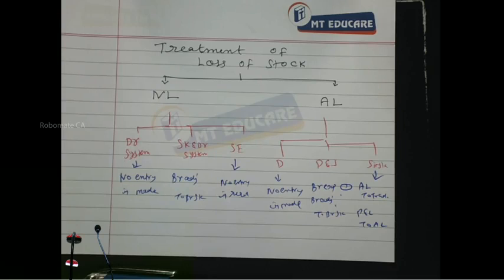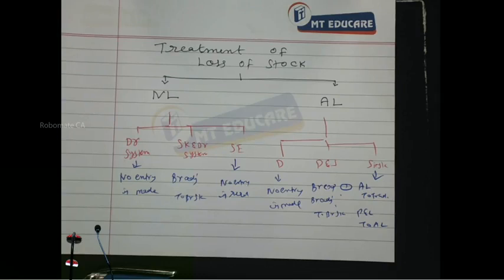Under stock and debtors system we require entry for both the losses. Under single entry model we require entry only for abnormal loss. Correct? So let us slowly relate and understand that under debtors system for both the losses no entry is required. Under stock and debtors system for both the losses we require entry.